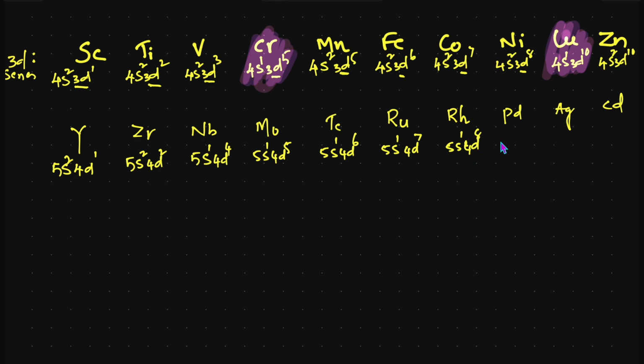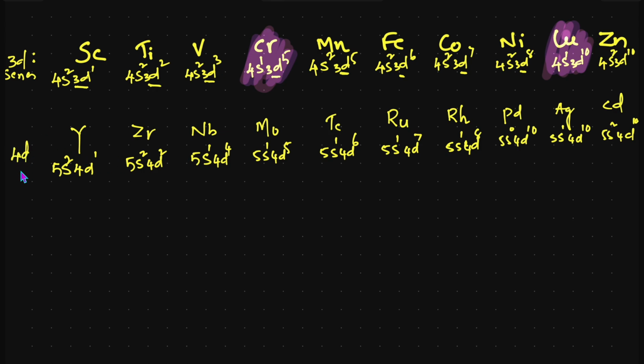And palladium is the one which has 0 electrons in the s orbital, so 5s0 4d10. Silver is 5s1 4d10, and the last one is 5s2 4d10. So these are the electronic configurations of the 4d series.